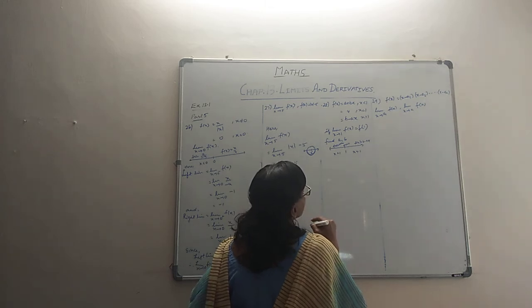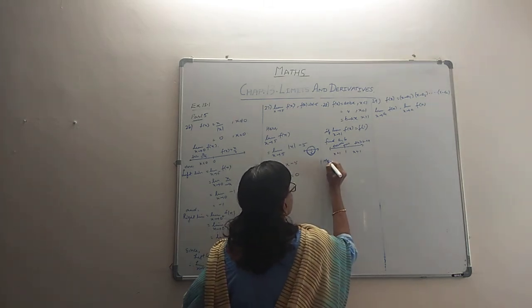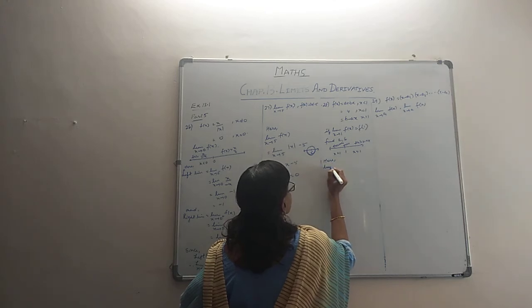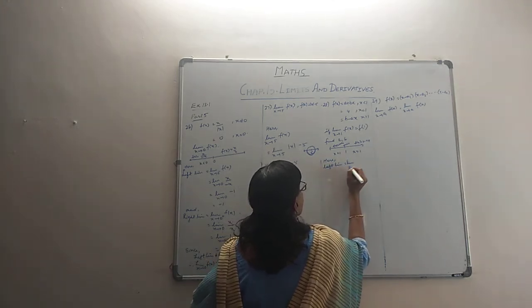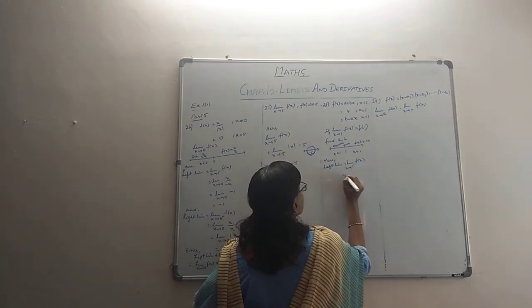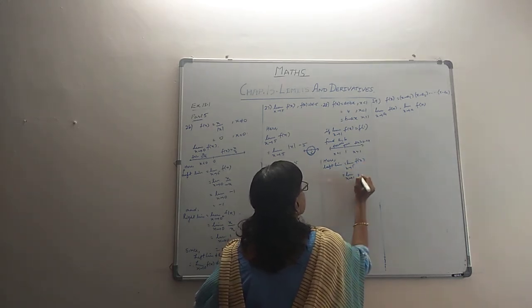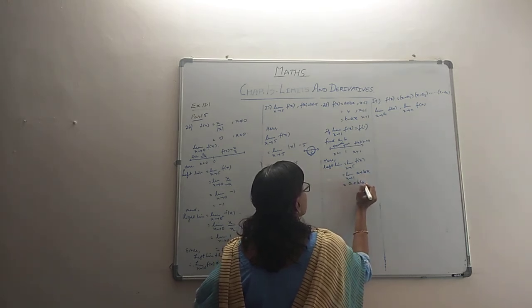They ask us to find a and b. So here let's find the left limit. The left limit is the limit as x tends to 1 from the left side. By definition it is a plus bx, which means you substitute, a plus b times 1, which is a plus b.